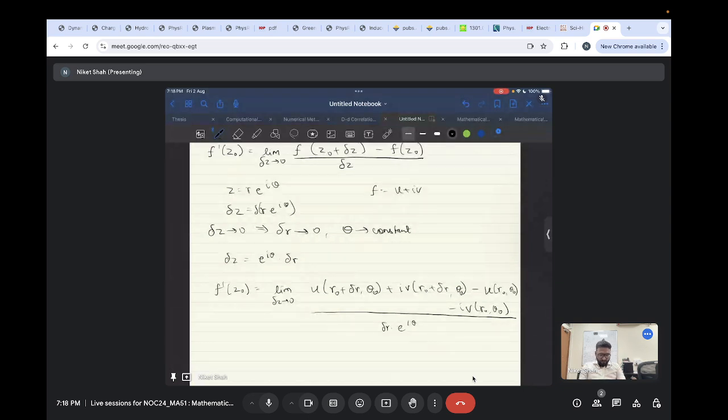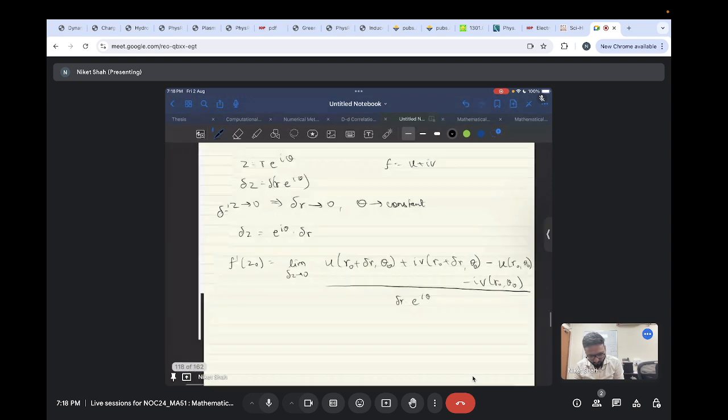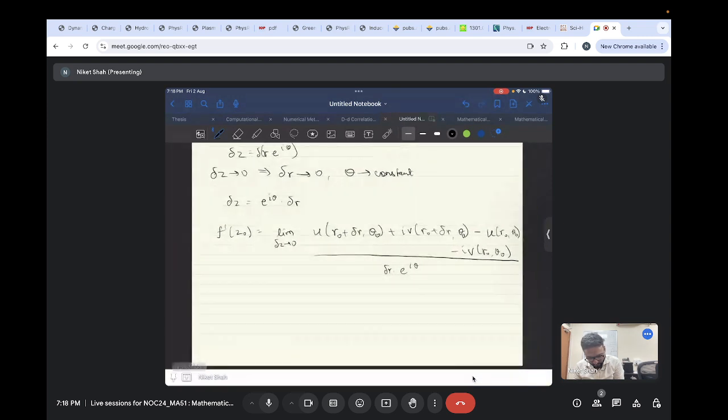Okay, so now what we'll do is u of r0 plus delta r, theta 0, is equal to u of r0 comma theta 0 plus delta r del u by del r.